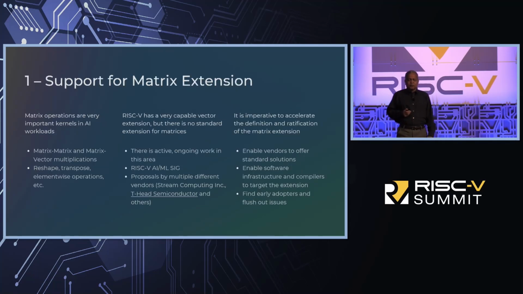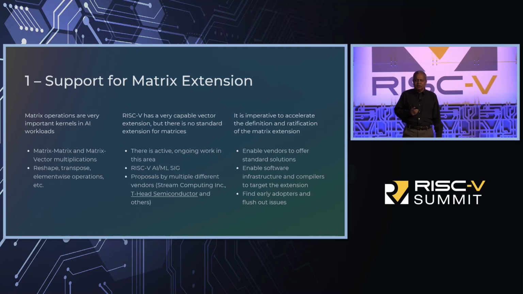In terms of the support, obviously one of the areas where we are looking for the community to help us is on matrix operations, which are very important for us in kernel development for our AI workloads. RISC-V has a very capable vector extension, as we all know, but there are no standards existing in terms of extensions for matrices. There is active work going on.